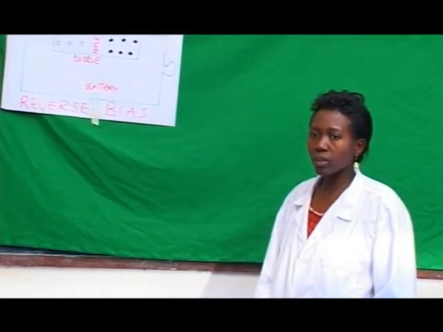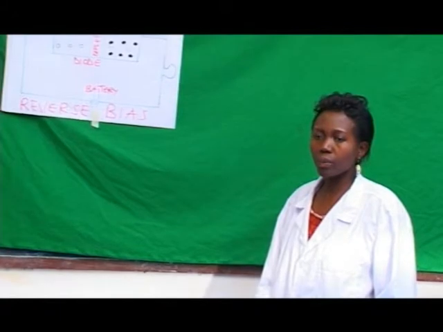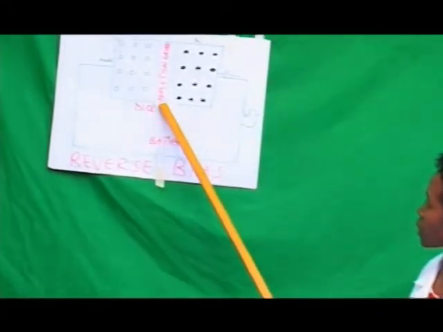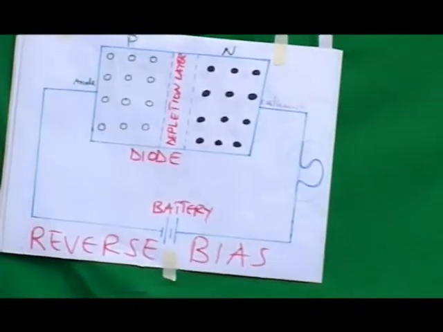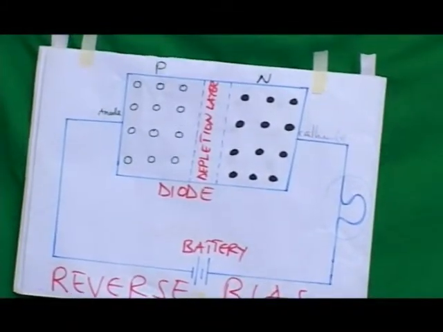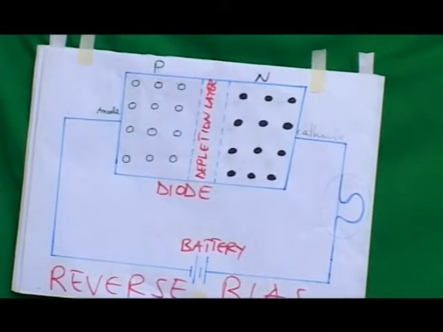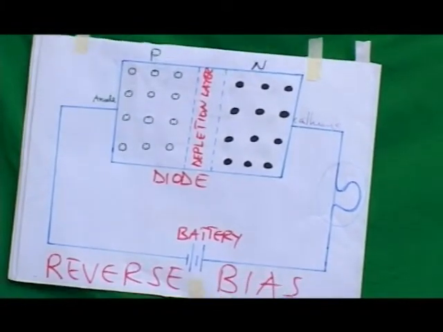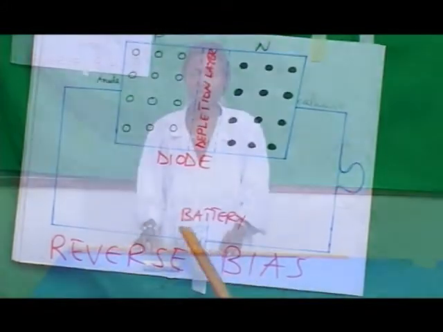Therefore, electrons were pulled away from the junction. That increased the width of the depletion layer. Therefore, there was no electric current across the junction. That's why the bulb did not light.